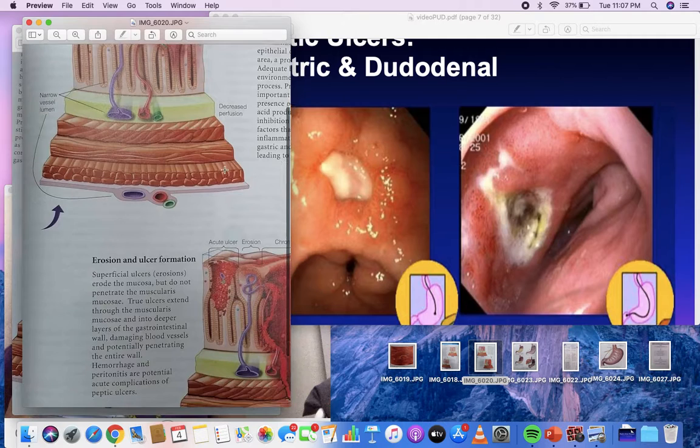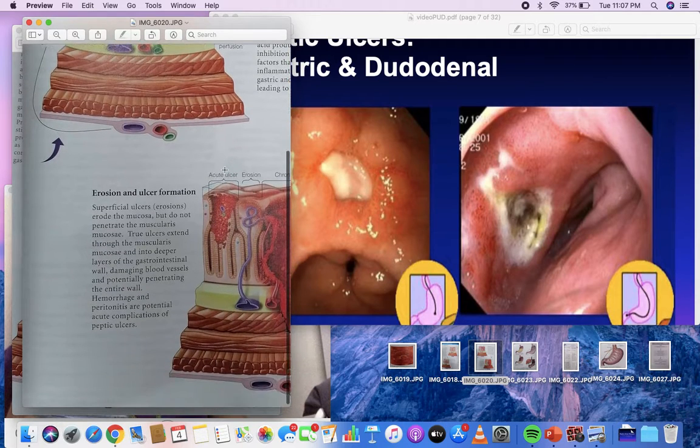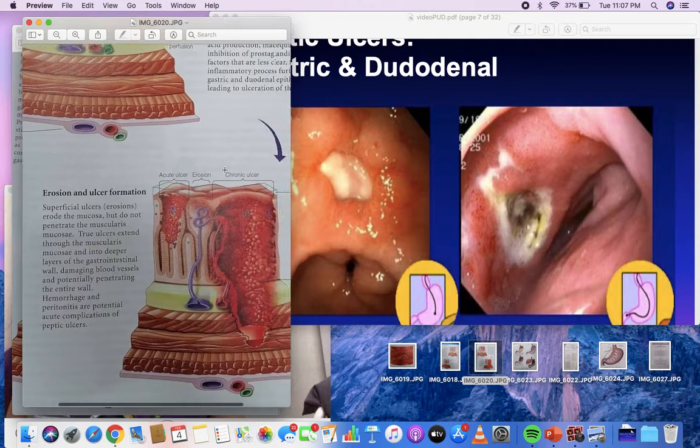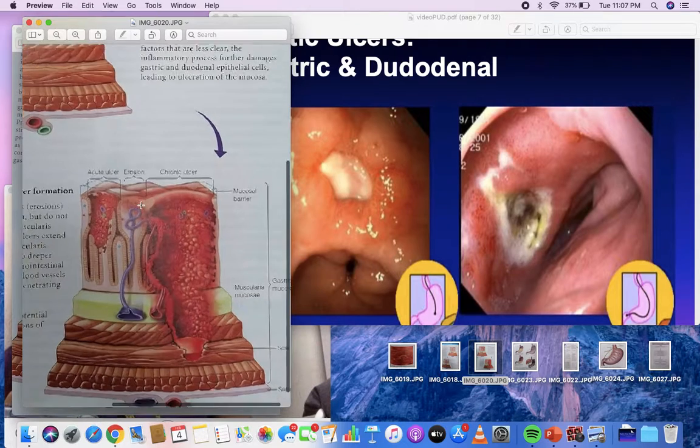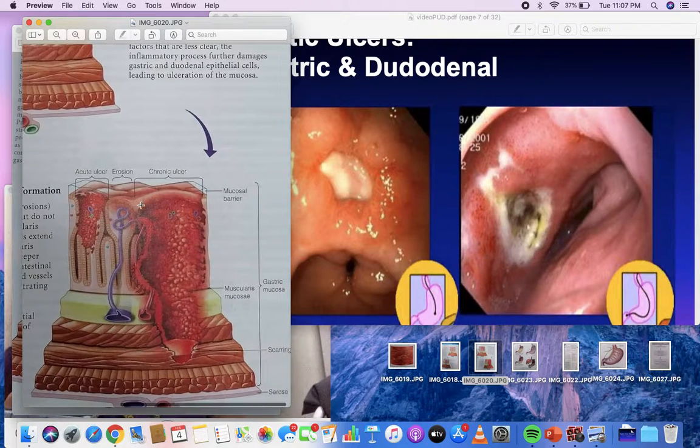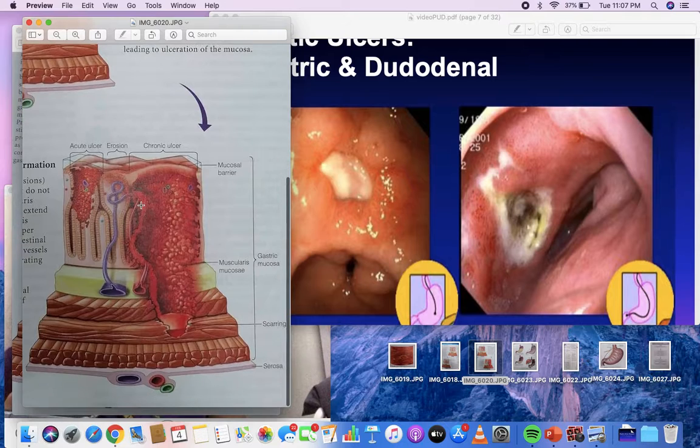For the next picture, you can see the erosion and the ulcer formation. The superficial ulcers or erosions erode the mucosa but do not penetrate the muscularis mucosae.